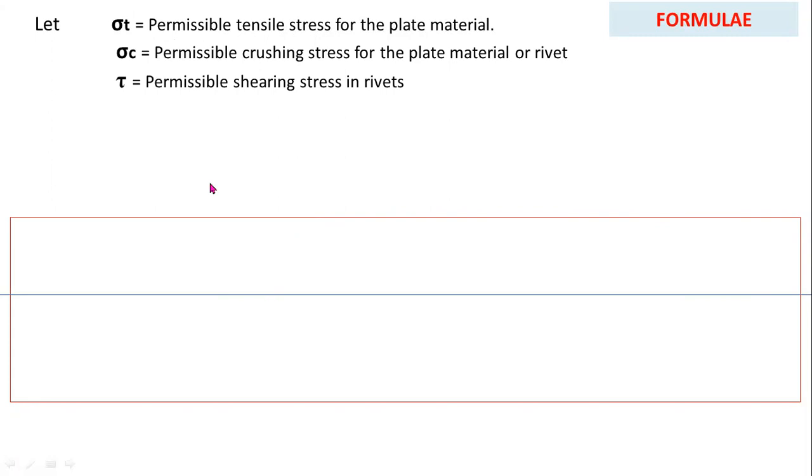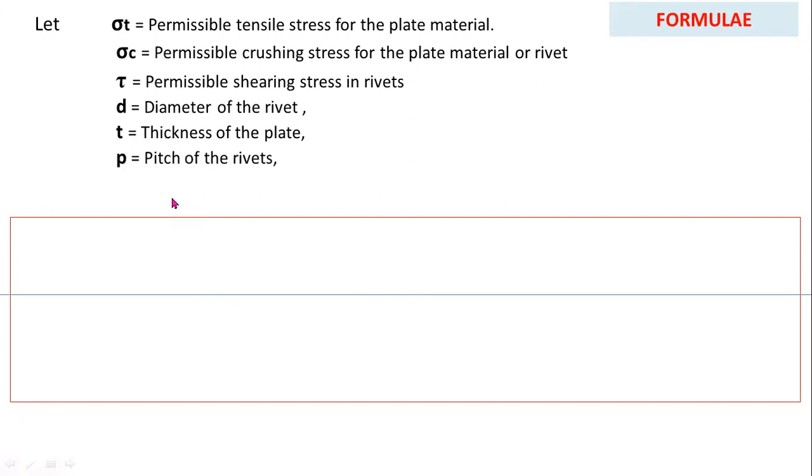Tau is the permissible shear stress in rivets. Small d is the diameter of the rivet. Capital D is the diameter of the boiler. Small t is the thickness of the plate. P is the pitch of the rivets. M is the margin.